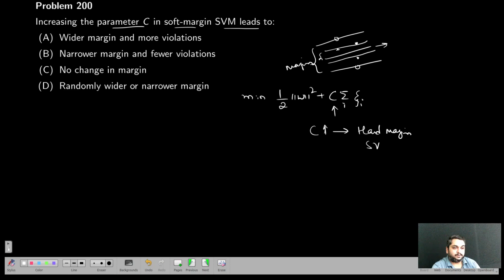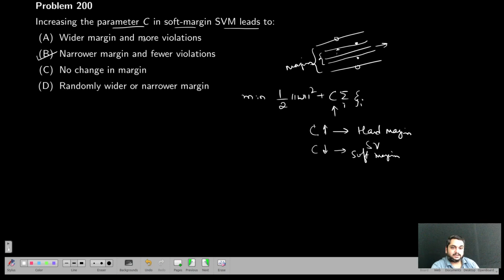So the margin will be reduced if there are misclassifications in hard margin. So it narrows the margin with fewer violations. There will be no violation here. So that is how C changes. If you increase C, that is the penalty term, it acts as the hard margin. If you decrease this, it allows misclassification and then it acts like a soft margin.